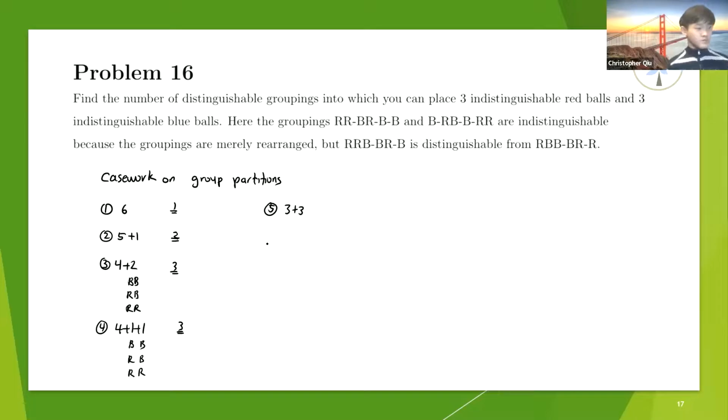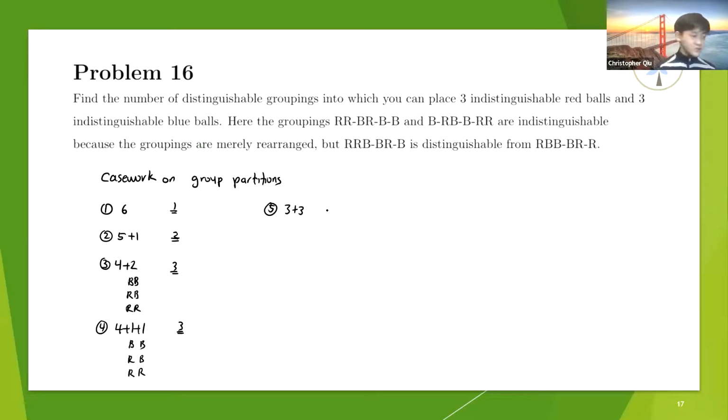And then we can go on to our next case, which is 3 plus 3. Here, we want to divide these 6 balls into 2 groups of 3, such that there are a total of 3 red balls and 3 blue balls. So the ways we can do this are either having 2 groups, one with 3 red balls and one with 3 blue balls, or we could have 2 groups, one with 2 red balls and 1 blue ball, and the other having 2 blue balls and 1 red ball.